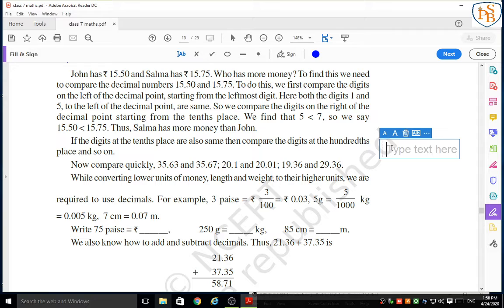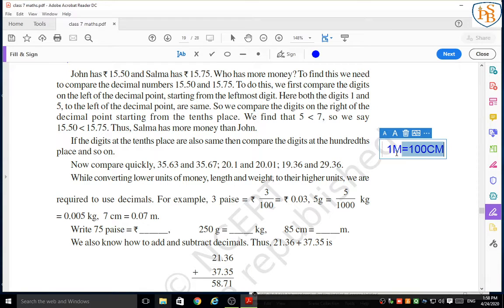While converting the lower units of money, length and weight to their higher units, we are required to use decimals. At that time we have to do the dividing process. So before that we are going to study that 1 meter is equal to 100 centimeter.